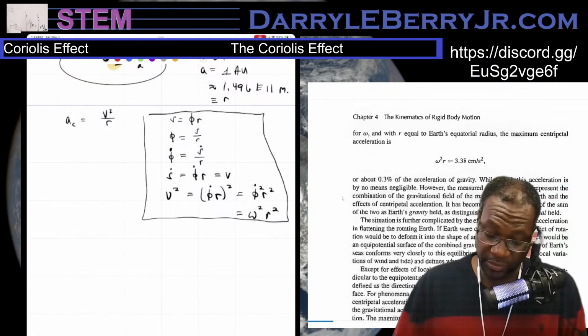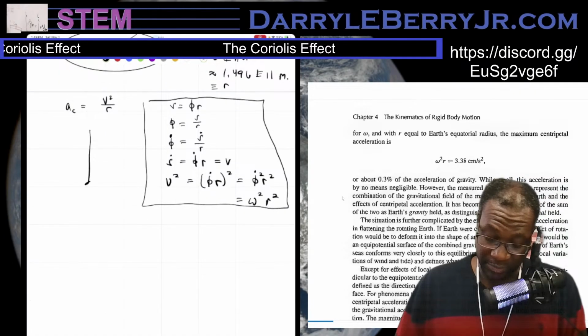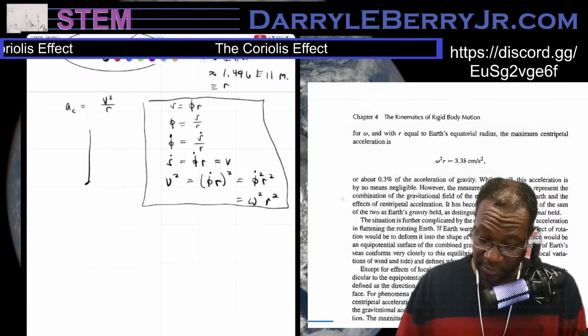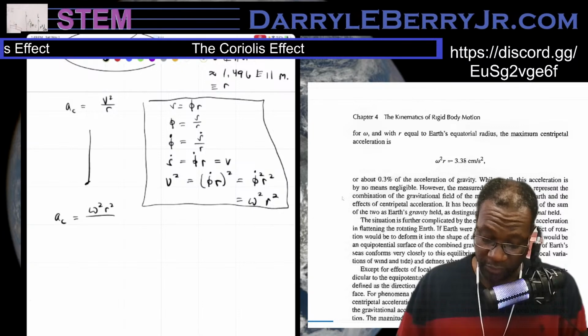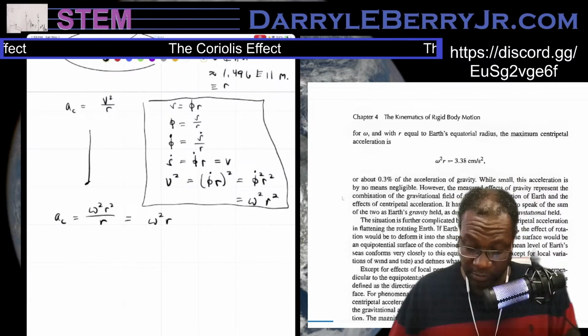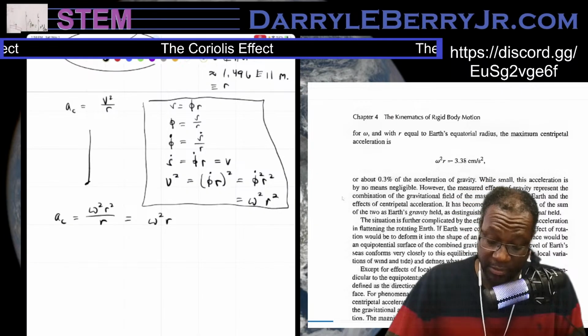So they did this conversion. That means we have a_c equals omega squared r squared over r, which equals omega squared r. So this is how they got that.